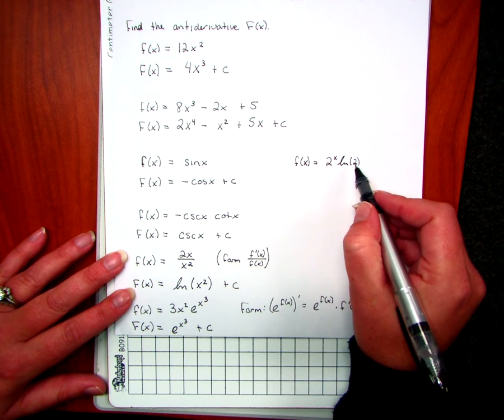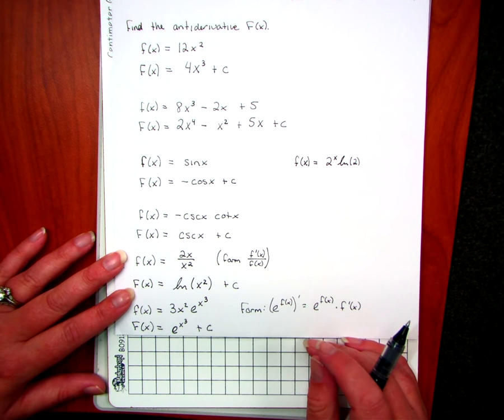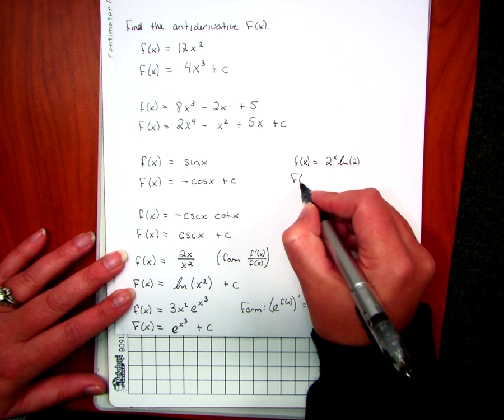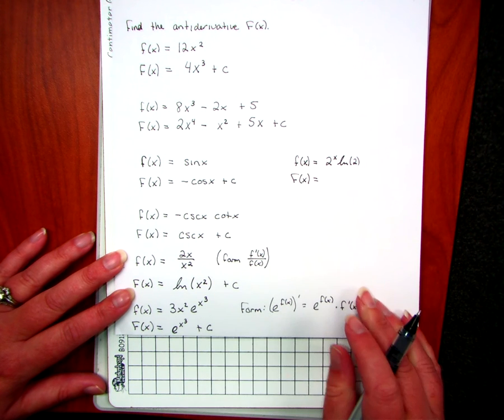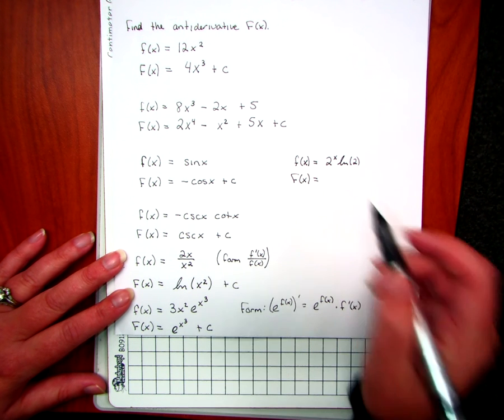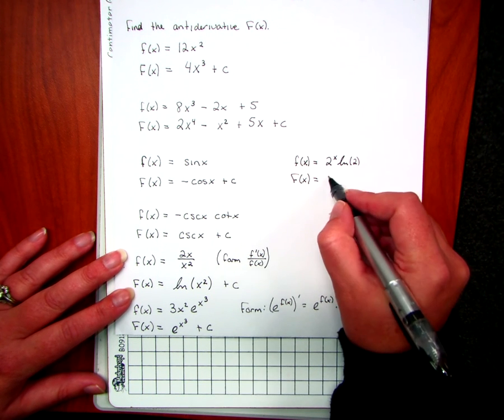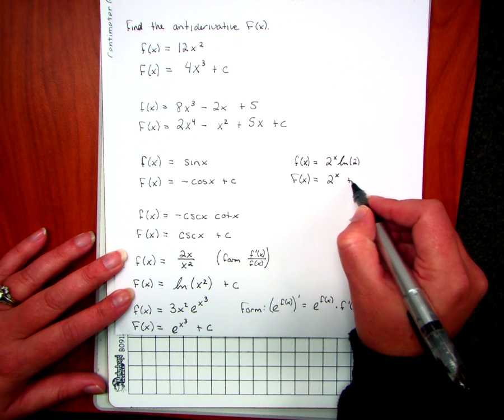Alright, so if we had this exponential function 2 to the x ln of 2, you should recognize that as the derivative of 2 to the x. Okay, so the antiderivative of 2 to the x ln of 2 is simply 2 to the x plus c.